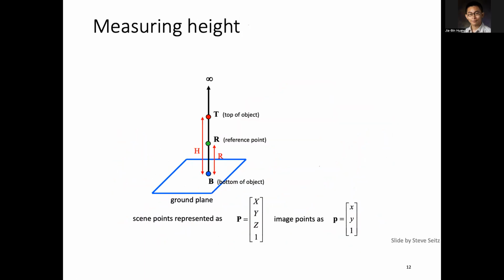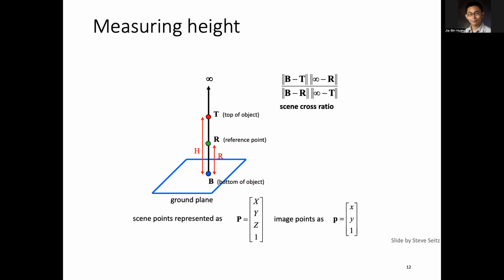Now, last time we also talked about the concept of cross ratio. There are 4 points with some ratio between them that is invariant to perspective, no matter how you look at these 4 points. These 4 points are the bottom of the object, the reference point, the top of the object, and the vanishing point.